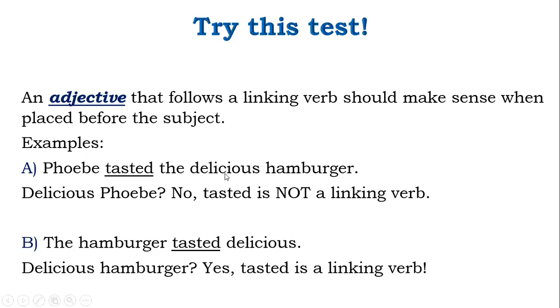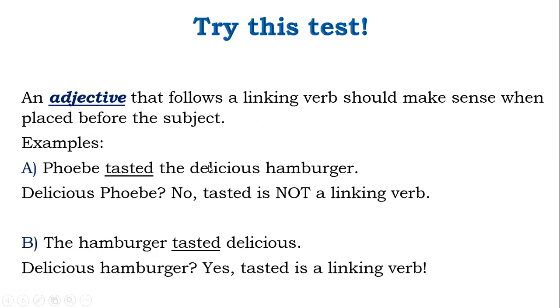We're not sure whether it is describing the subject. That's why we are testing this out. So it says to place the adjective before the subject. So, delicious Phoebe? No, that doesn't make any sense. So, in this sentence, no, tasted is not a linking verb.